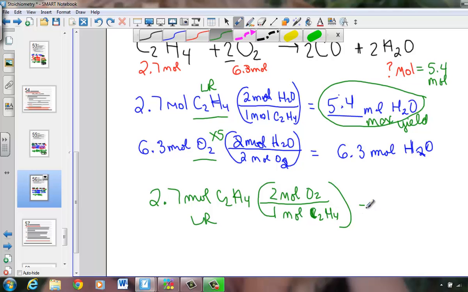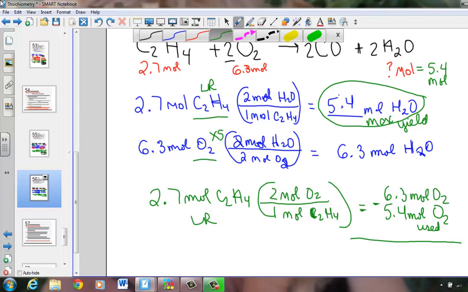And so here we have 2.7 times 2. We've just done that math up there. We said 5.4 moles, but this label is of oxygen that was used. How much did we start with? Well, we began with the initial amount of 6.3 moles. And the difference between what you started with and what was actually consumed to produce product gives us the remainder left over sitting there unused.